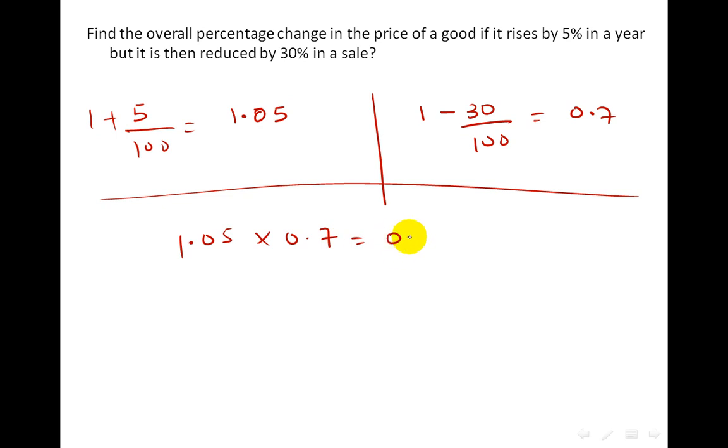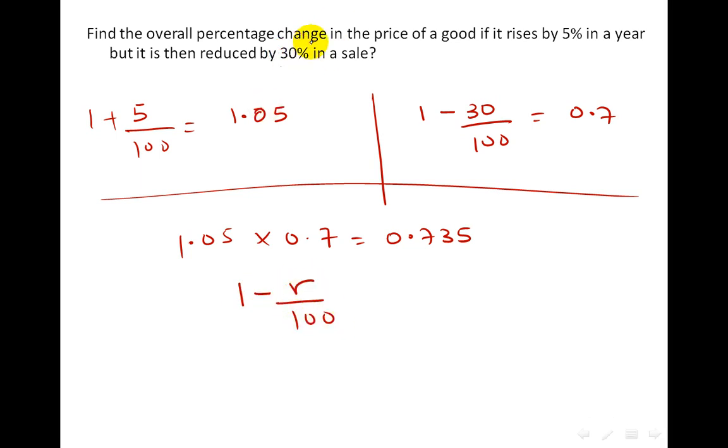So now multiply them. 1.05 multiplied by 0.7, we'll have 0.735. But here there is a question. Once we see the overall change, do you think that it's increased or it's reduced? Of course it's reduced, because it's reduced by a big factor, which is 30. So you're going to use 1 minus r over 100 here. Why? Because it's reduced.